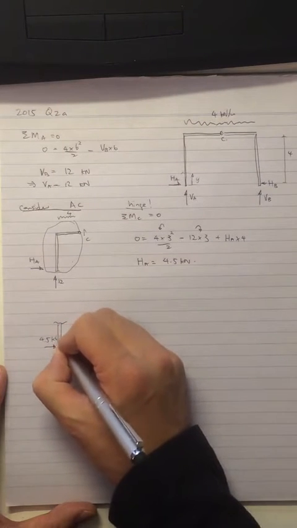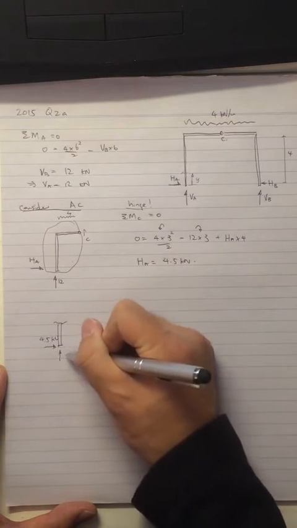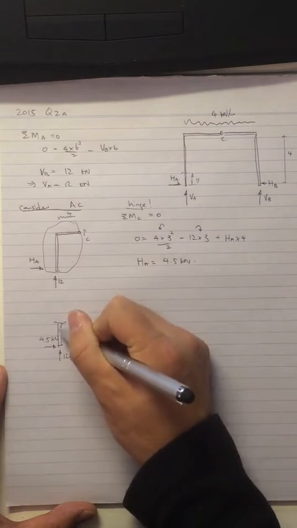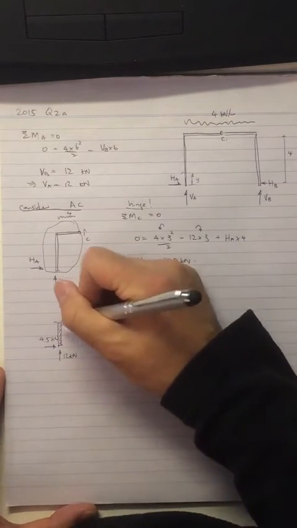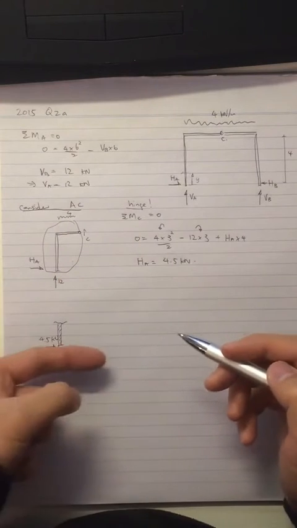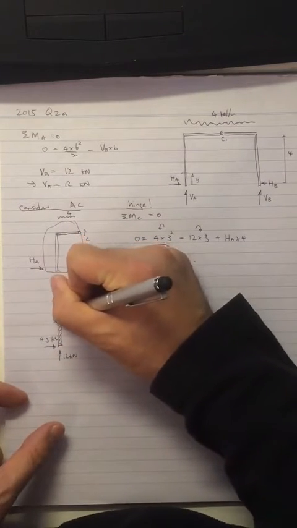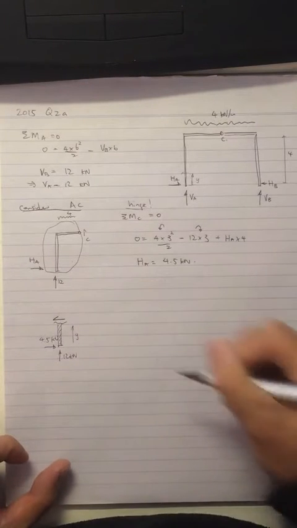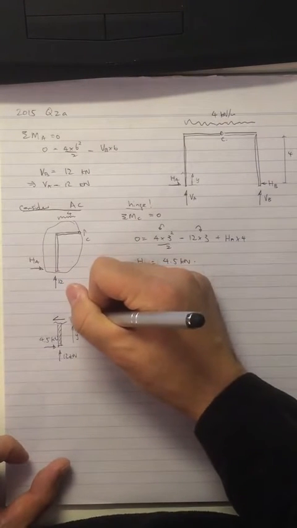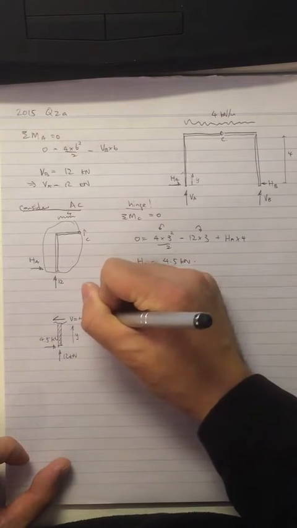We've got a vertical reaction of 12 kilonewtons here. For this bit to be in equilibrium, these forces are pushing to the right, so there must be some shear force pushing it to the left. And that shear force value has to equal 4.5 kilonewtons.